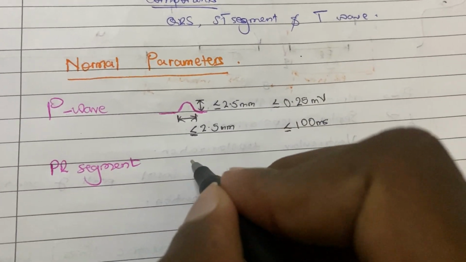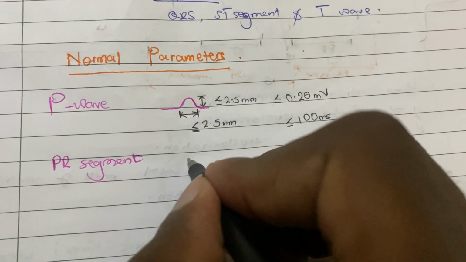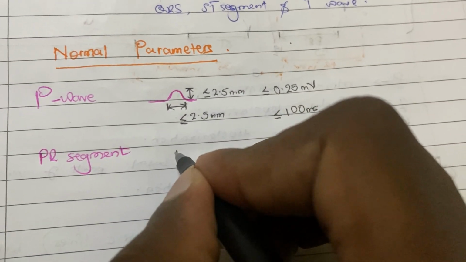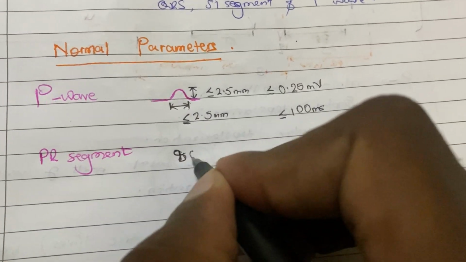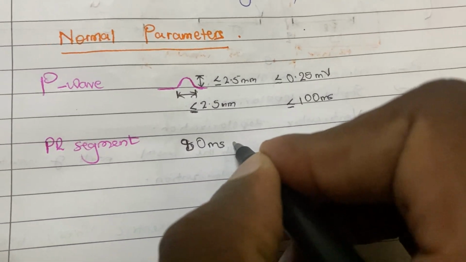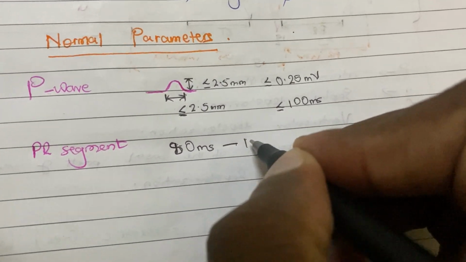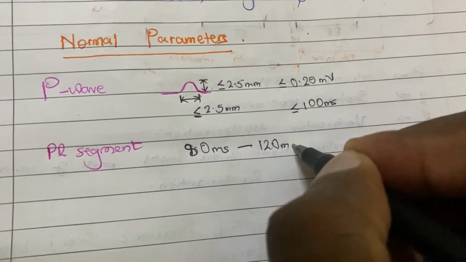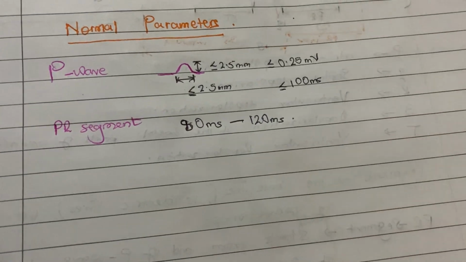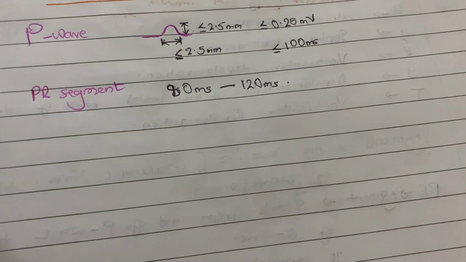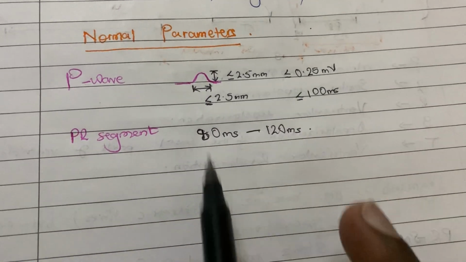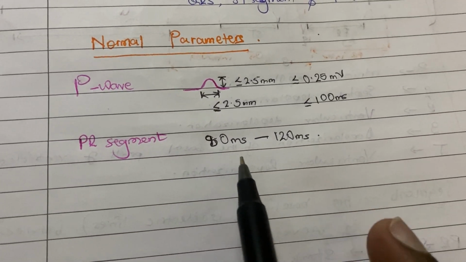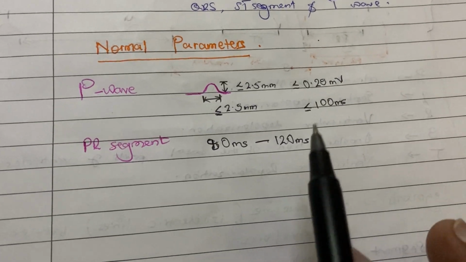It ranges from 80 milliseconds to 120 milliseconds. If you get an ECG paper and you try to measure the PR segment, it should be between these, 80 milliseconds to 120 milliseconds.